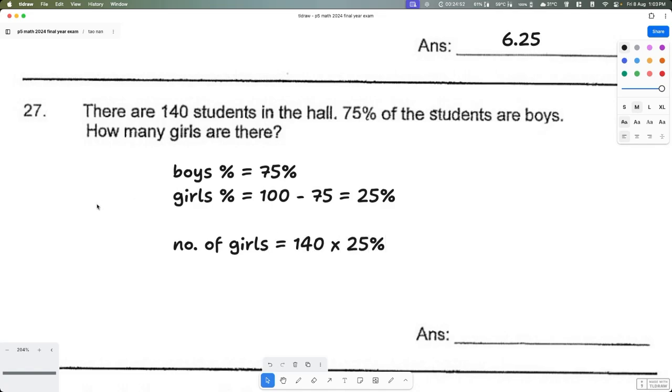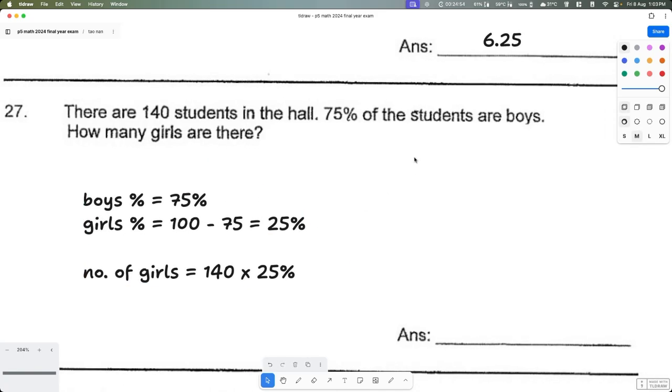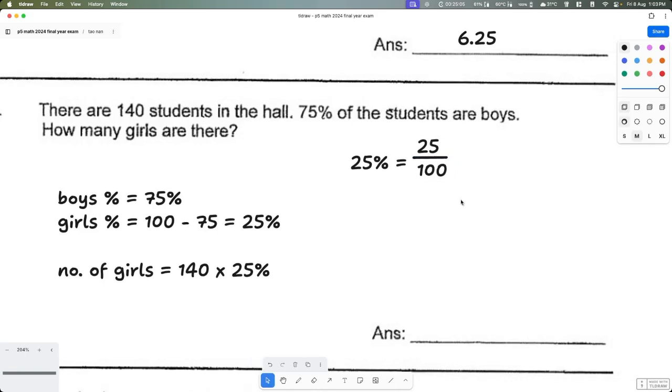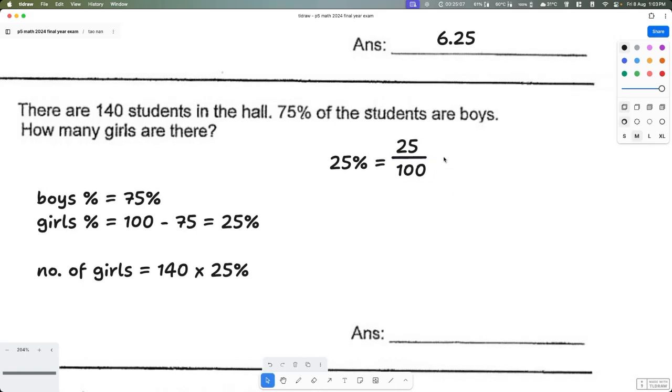If you remember, 25% is equal to 25 out of 100. And this is also equal to, I put an equal sign, we can divide both by, sorry, not 4, 25.